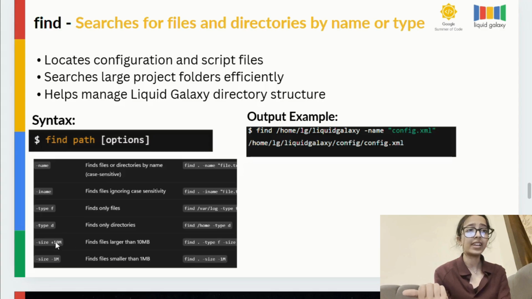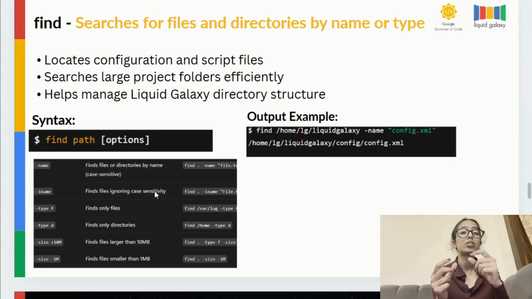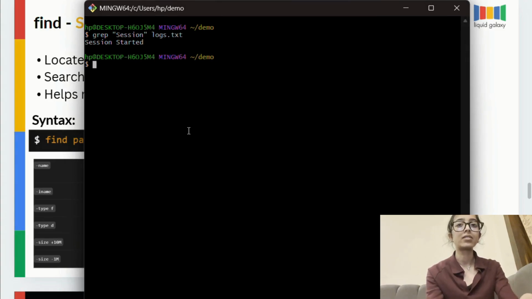On the basis of size I can do it, on the basis of type, files or directories. And if I don't remember the exact case in which I saved a file, I can ignore case sensitivity using these flags.